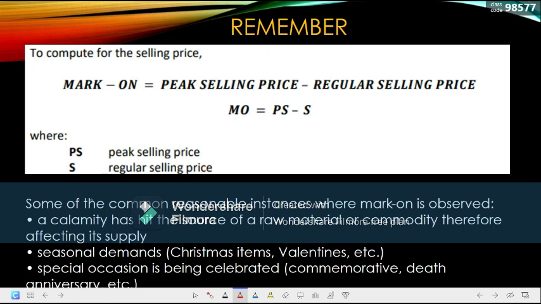Now, some of the common reasonable instances where mark on is observed: a calamity has hit the source of a raw material or commodity, therefore affecting its supply; seasonal demands like Christmas items, Valentine's, etc.; we also have special occasions being celebrated or commemorated, death anniversary, etc. Okay? So this is where we experience the mark on.